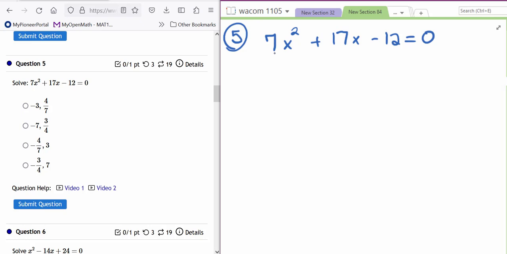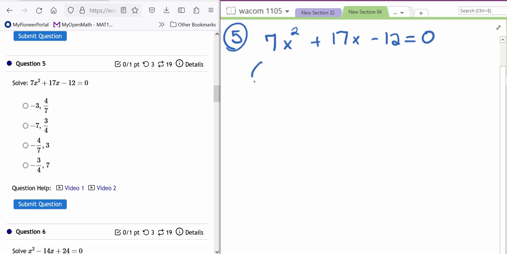When I showed you guys this, I did 2 methods. I did trial and error, or I did factor it by grouping. Anybody have a preference? All right, I'm going to do it by trial and error then, because 7 is a prime number.